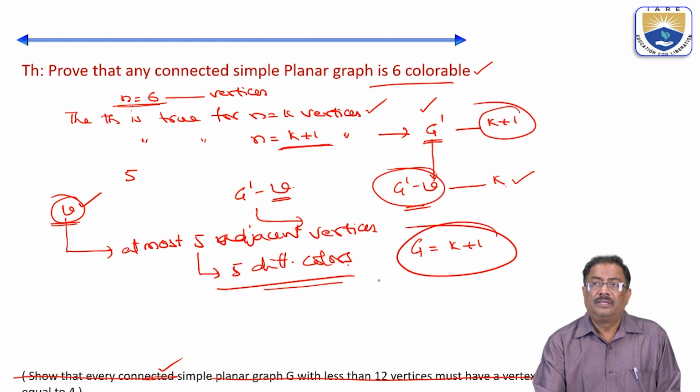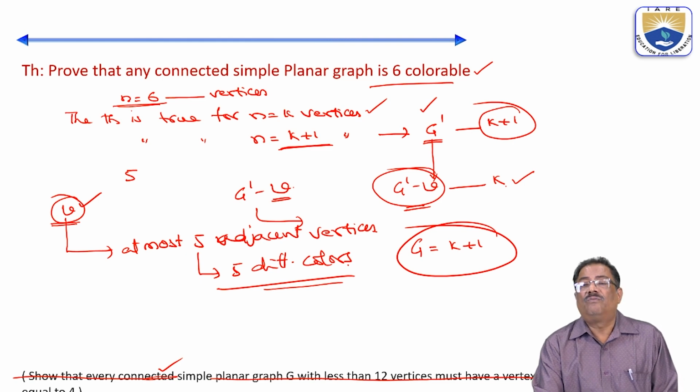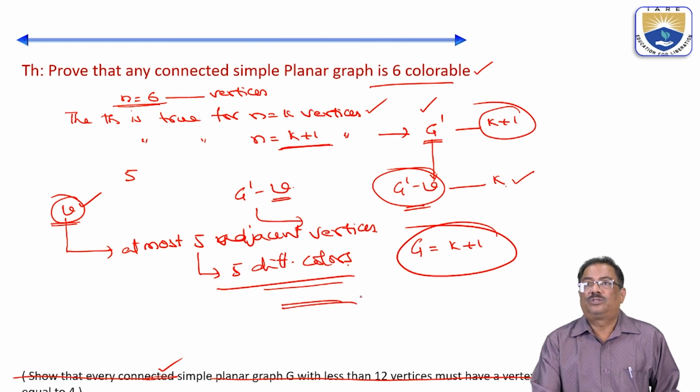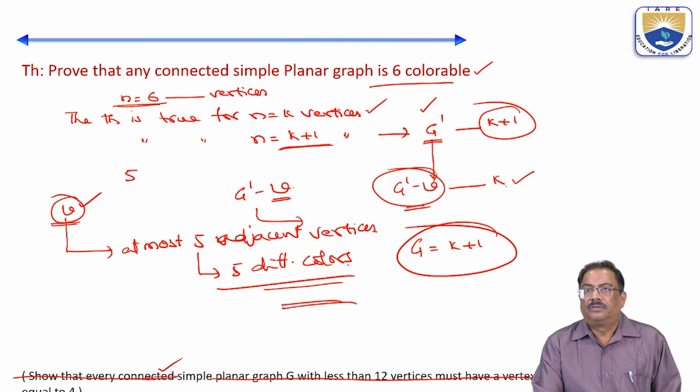So it is going to be 6 colors. With the help of 6 colors, V and the remaining adjacent vertices will be properly colored. And of course the remaining graph has only k vertices, and it is obviously 6 colorable. From this we can say that it is true for any number of vertices the graph is having, so it is nothing but 6 colorable. So with this we are going to conclude this.